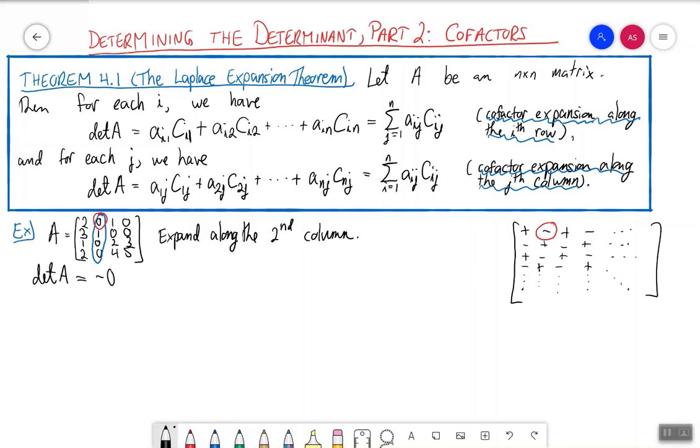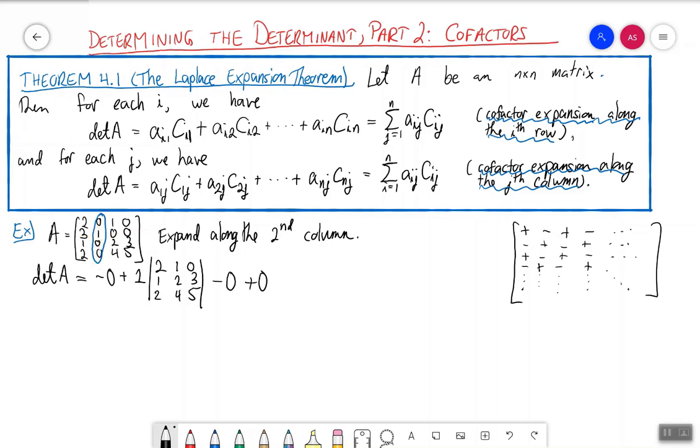So we have minus 0, well, minus 0 doesn't really matter, but for this guy we have a plus here, so we put a plus 1 times the determinant of what's left over when you remove the row the 1 is in and the column that the 1 is in. So it's the determinant of 2, 1, 0, 1, 2, 3, 2, 4, 5. And then for the rest of the column, we have minus 0, plus 0.